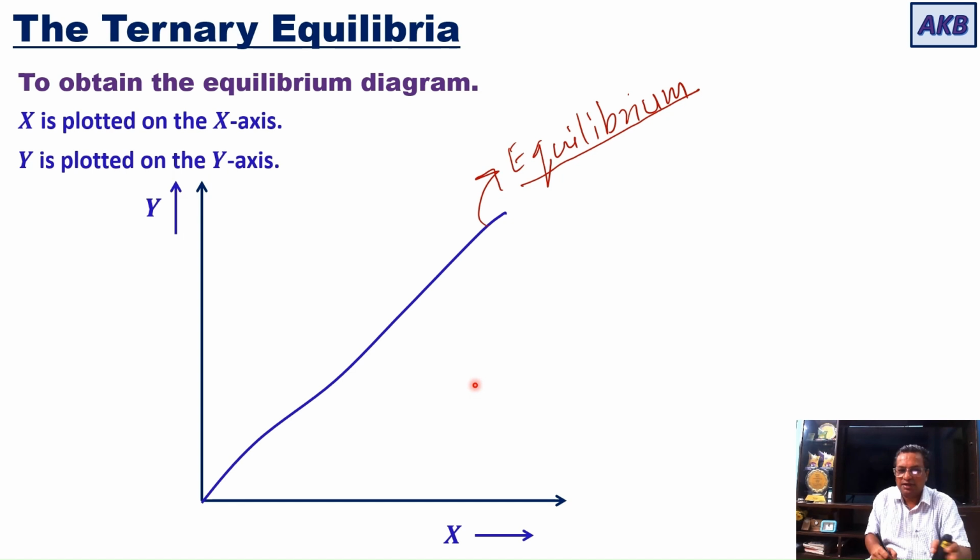And in our analysis of multi-stage operations involving insoluble liquids, we will be using this equilibrium diagram. That I'll be discussing in my coming videos. For the time being, you just understand how to represent the ternary equilibria by using these concentrations, which are weight fractions of the solute on a solute-free basis.